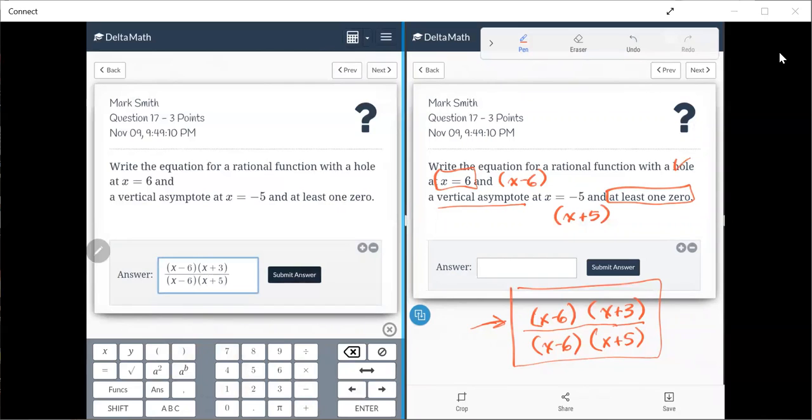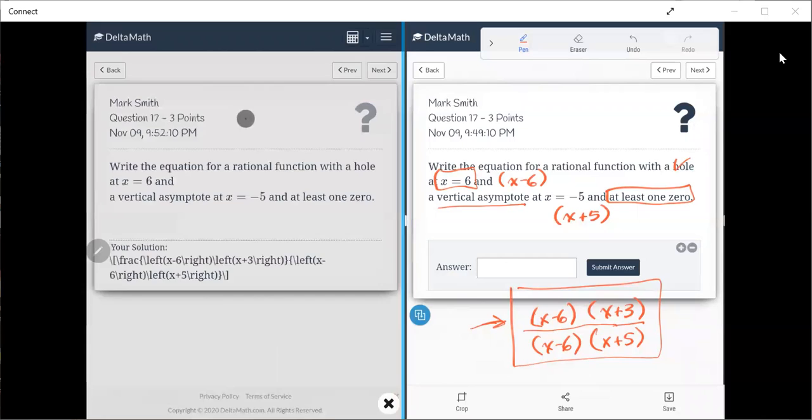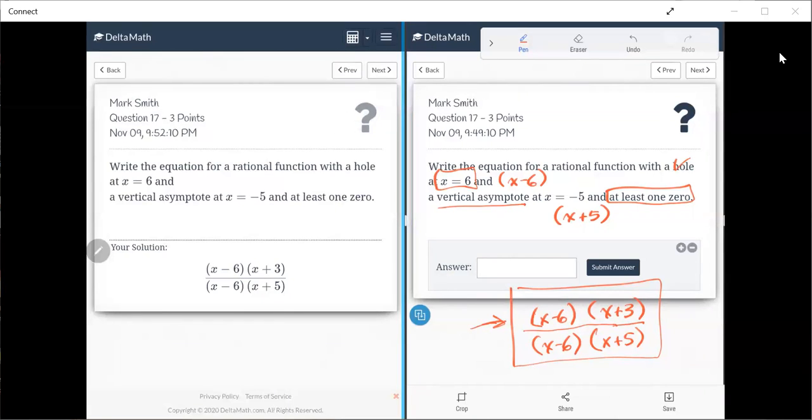I'm going to submit that as an answer and say yes. Notice it didn't give me a check one way or the other, because I have to grade that when you turn that in.